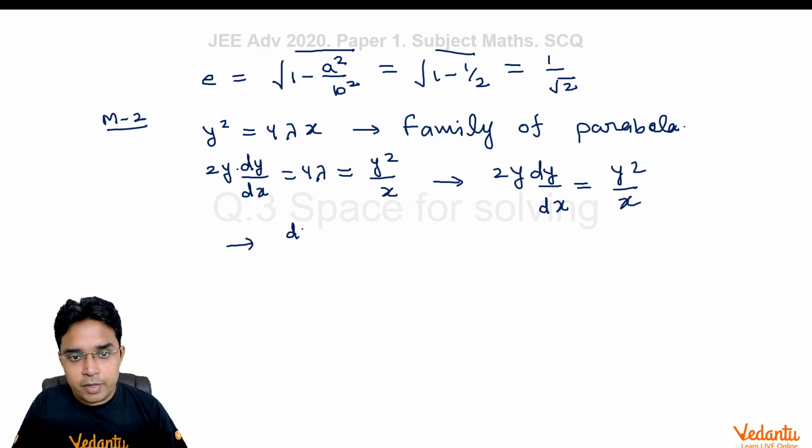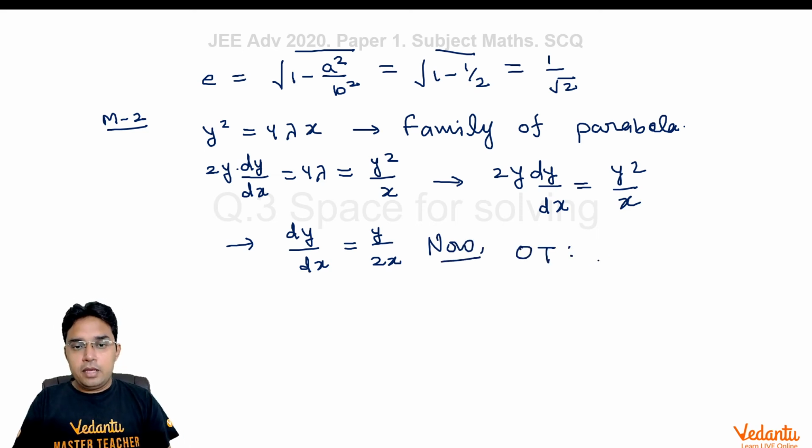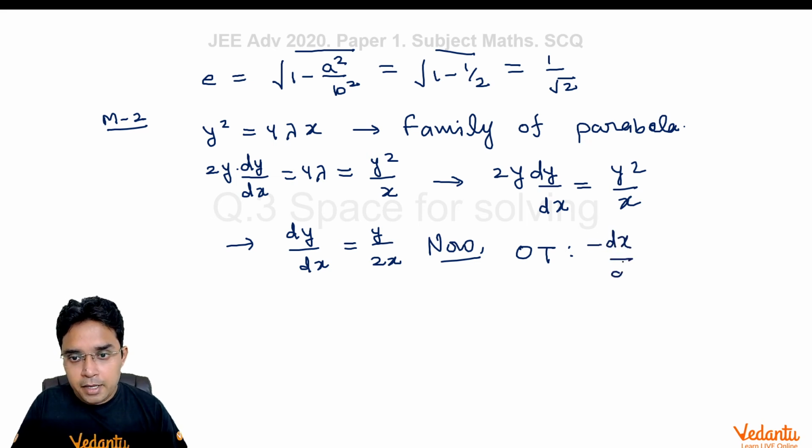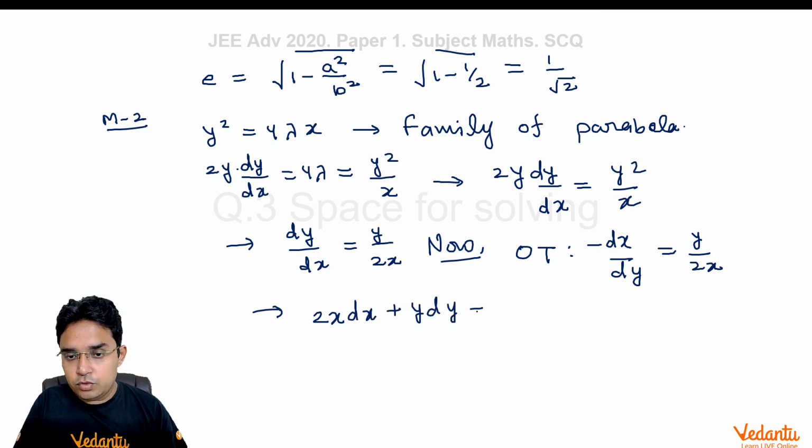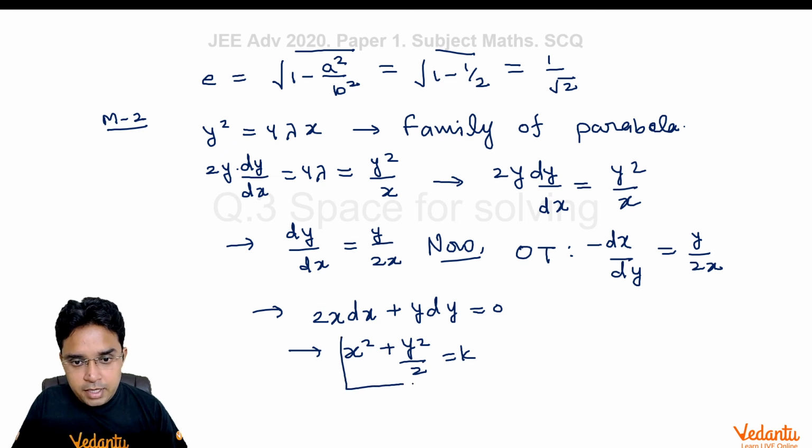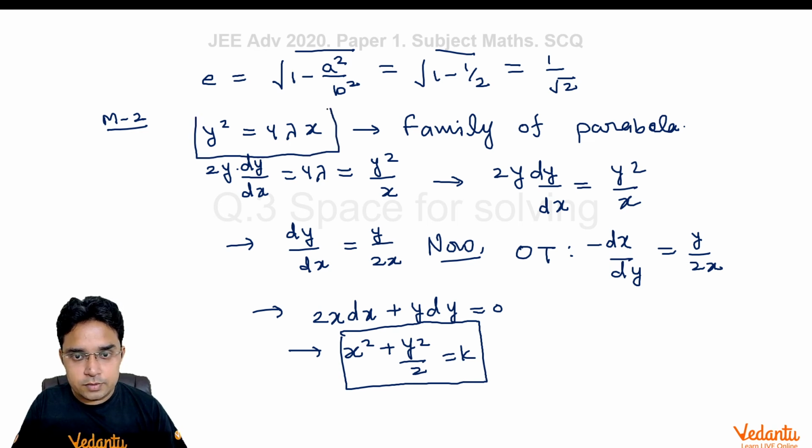After simplification it becomes dy upon dx is equal to y upon 2x. Now the orthogonal trajectory is formed just by writing minus dx upon dy in place of dy upon dx. So this new differential equation is 2x dx plus y into dy is equal to 0. After solving this we get x square plus y square upon 2 is equal to k. So this is the equation of the orthogonal trajectory for the given family of parabolas.